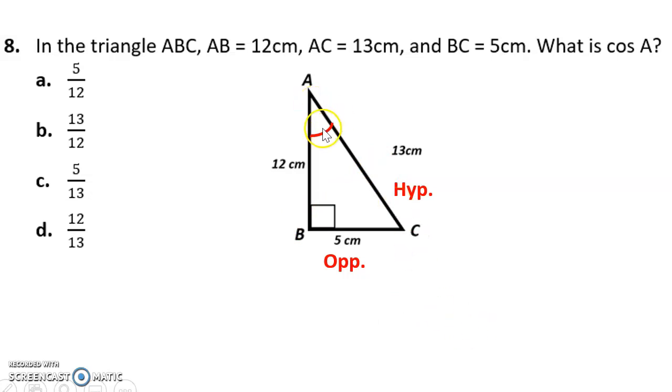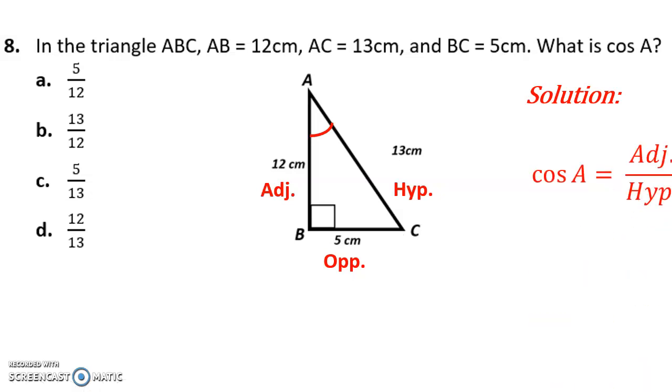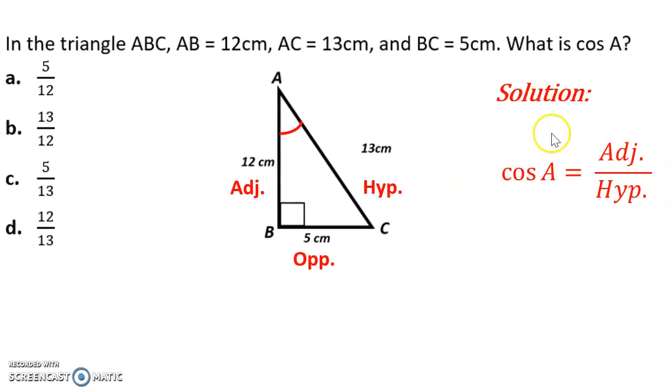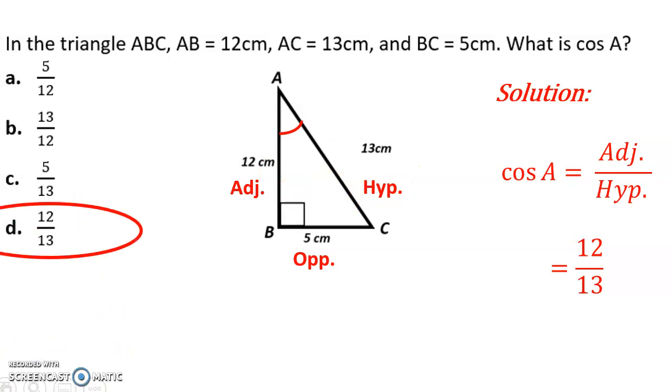The side opposite the angle we're focusing on, angle A, is the opposite, and the remaining side would be adjacent. They asked us for cos A, and cos is adjacent over hypotenuse. That would give us 12 divided by 13, which means that our answer is D.